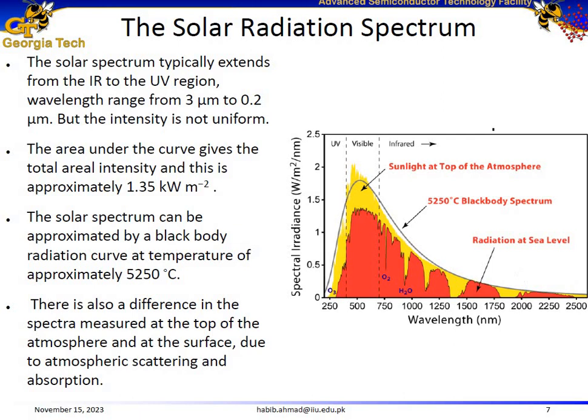Because of those phenomena, the solar spectrum loses some of its intensity when it passes from the top of the atmosphere and arrives at sea level. So that's why the intensity at sea level is lower as compared to the intensity of sunlight at the top of the atmosphere.